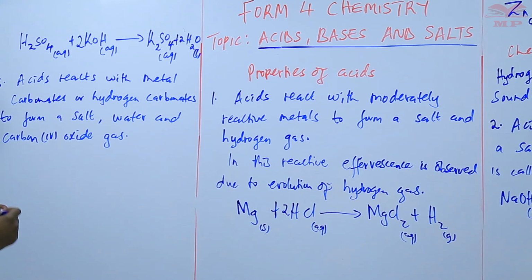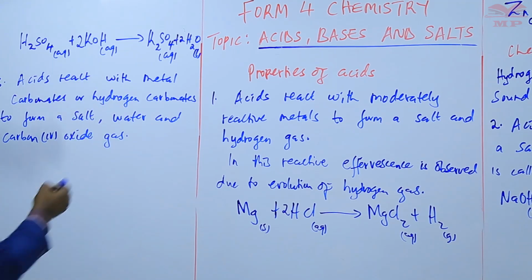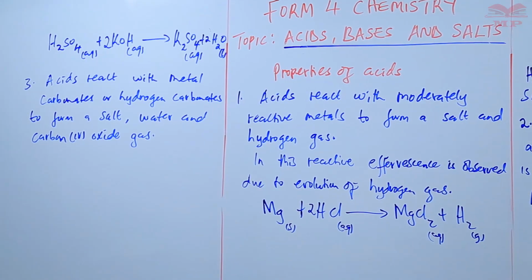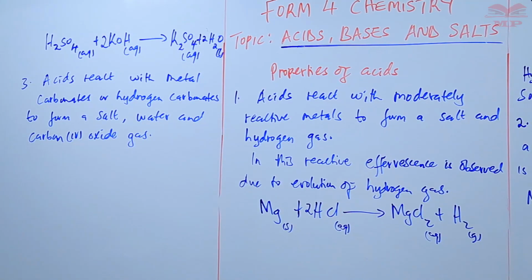So acids react with metal carbonates or hydrogen carbonates to form three products here. There is a salt, there is water, and there is carbon dioxide.